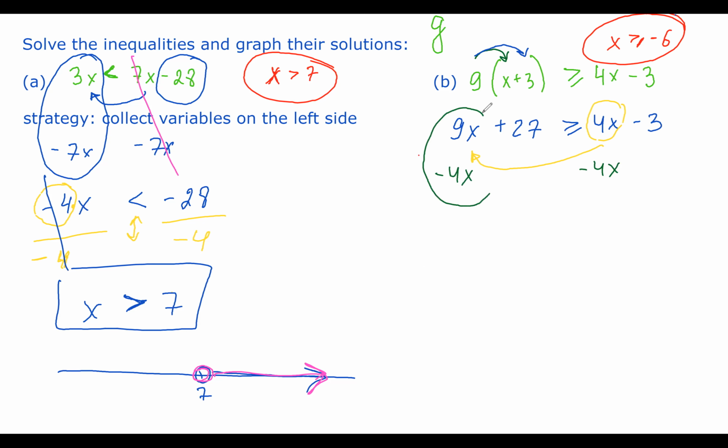So now from here, I will be getting positive 5x, because 9 minus 4 is positive, 5x. 27 is copied over. On this side, the 4x is gone. We are left with a negative 3.